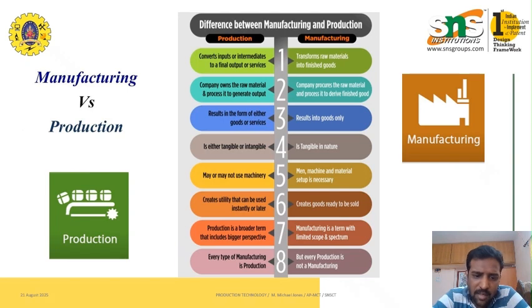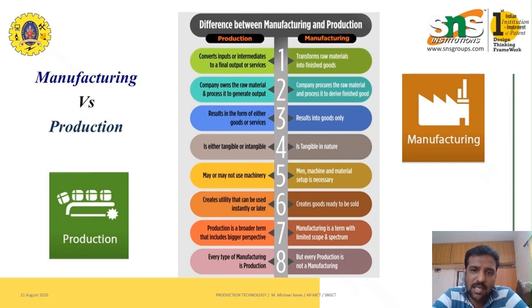Production, in the broadest term, includes a bigger perspective, and every manufacturing process can be termed a production process. But the same is not the case for manufacturing. Not all production processes are manufacturing processes, because the unique thing is that manufacturing transforms a plain raw material into some other goods. It just adds value to the raw material.